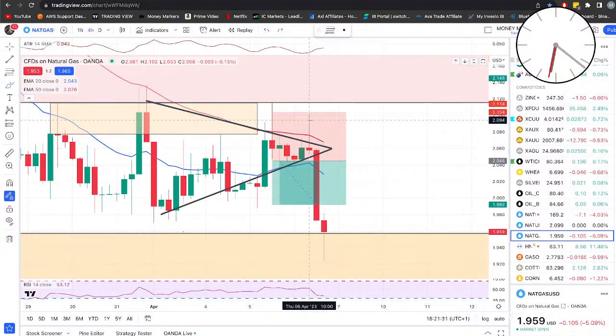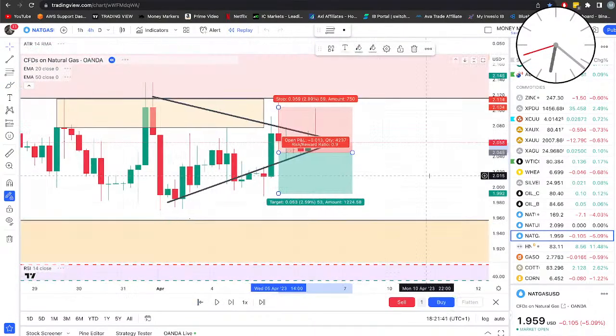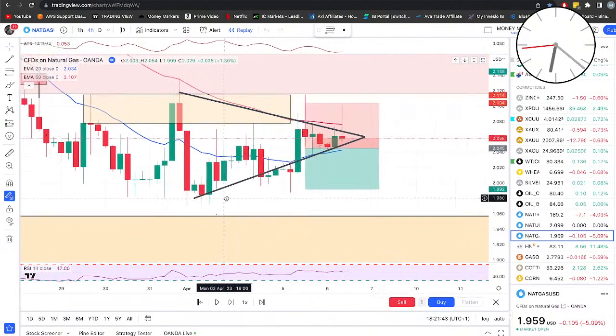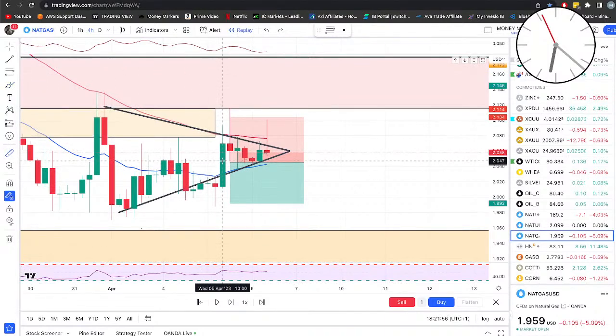Let's do it in replay mode so that it will make more sense to you. So let's say you entered your trade with this 382 candle, and you're entering a few pips below right here.